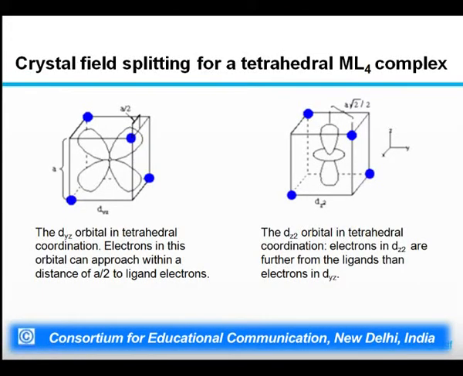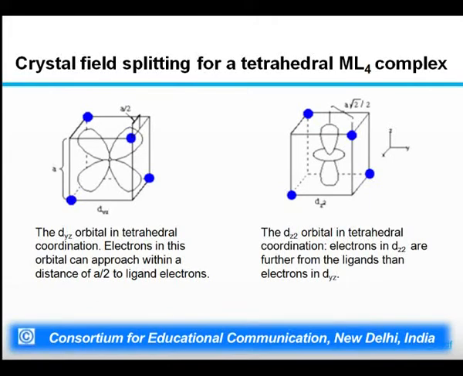Now, the dyz orbital in a tetrahedral, the electron in this orbital can only approach within a distance of a/2 to ligand electrons. Whereas, in the dz square orbital, the distance between the dz square and the ligand is √2a/2. So, this distance is 1.414 times more than the distance in the dyz.